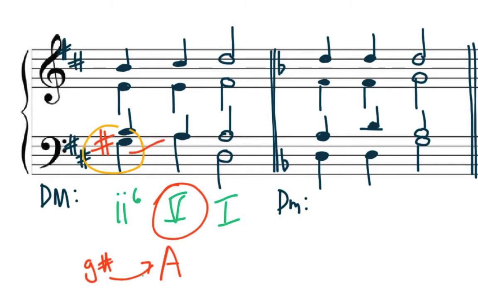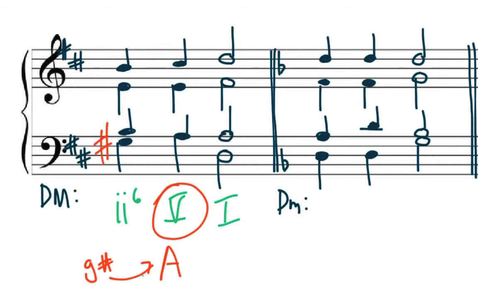Let me go back and play the progression before I put the G sharp in. This is the supertonic, and this is the dominant, and this is the tonic. But if I put a G sharp, as we just talked about, now I've got an E major chord in first inversion, then the dominant, and then the tonic.